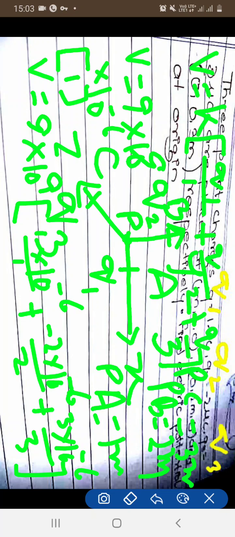So we are getting the final result: electric potential at origin is equal to 9 into 10 to the power 9 into 10 to the power minus 6, that is 9 into 10 to the power 3 volt. You can put the answer. So a very simple question, and the answer is also simple.